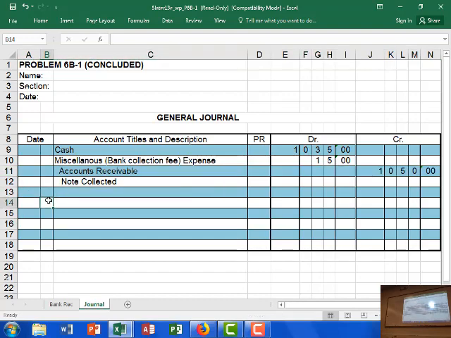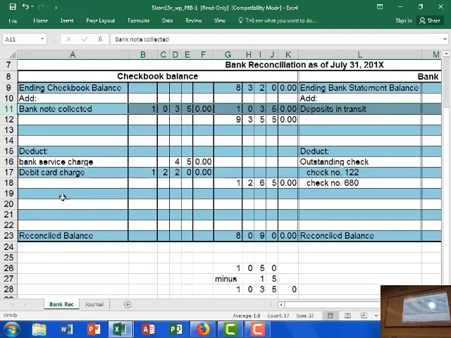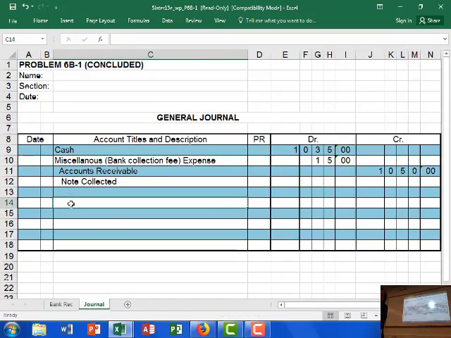And finally, that next journalizing transaction would be that debit card charge, which was buying equipment for the business. So we'd first debit our office equipment, because that's what we bought. Debit card charge.